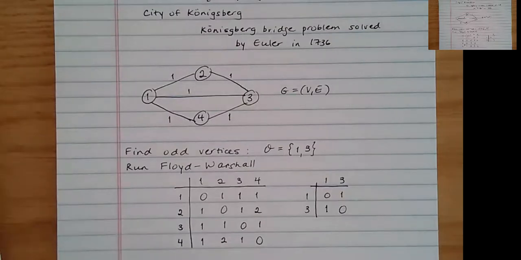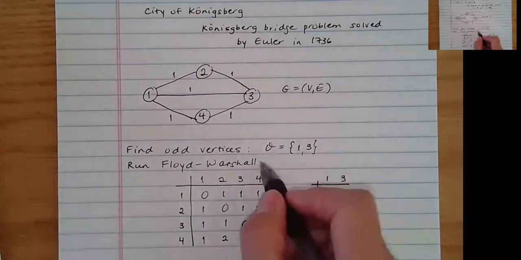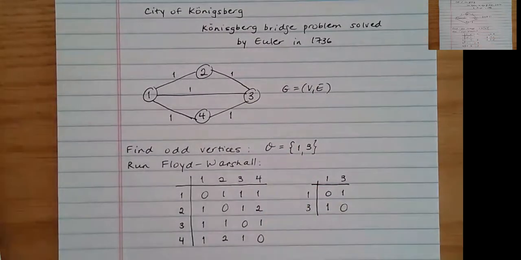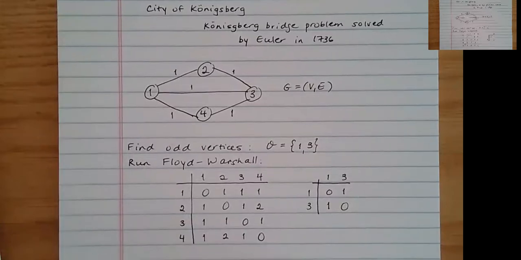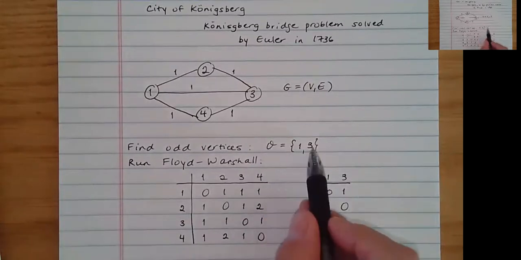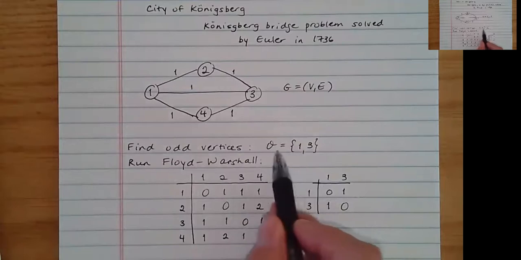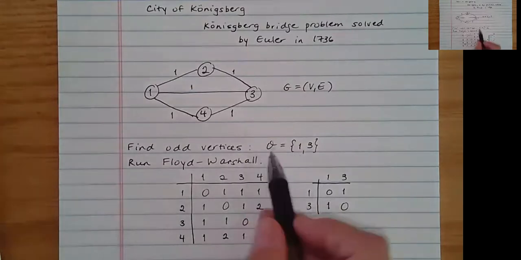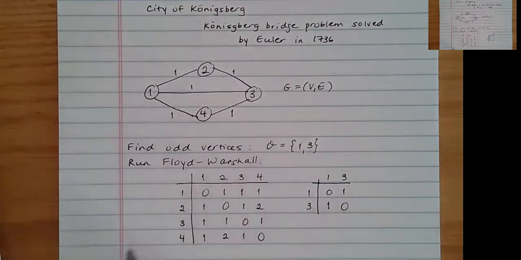Now, the next step of the algorithm says that we should find a perfect matching among the odd degree vertices. And we should use a greedy algorithm.